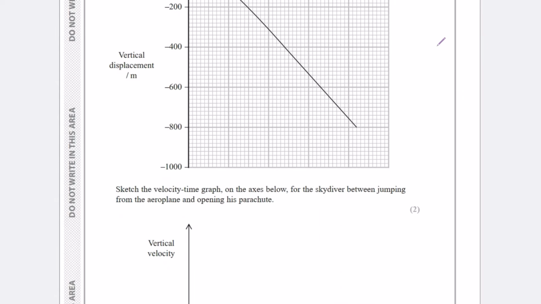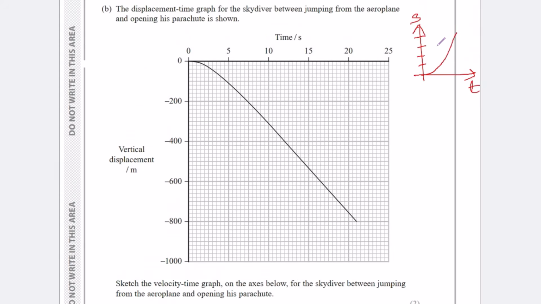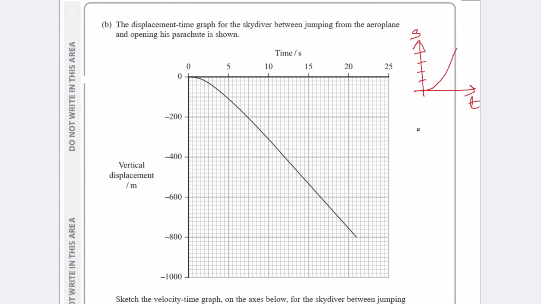So sketch a velocity time graph on the axis below for the skydiver between jumping from the aeroplane and opening the parachute. You know, literally from your IGCSEs, a corresponding velocity time graph for this displacement time graph would be like this, right? Eventually it reaches terminal velocity.